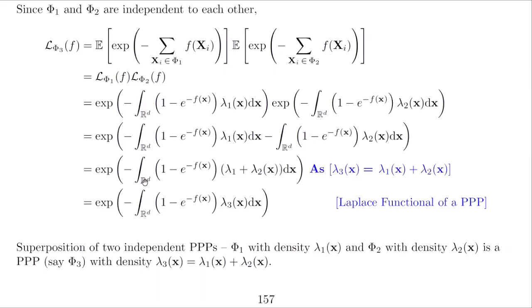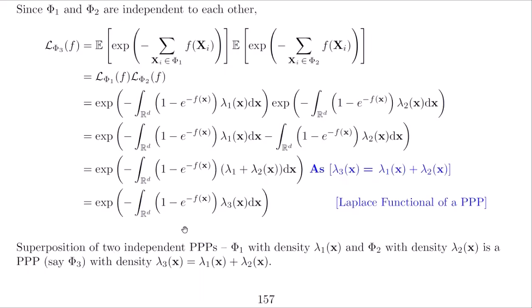If you look at this, it is nothing but the Laplace functional of a PPP with density lambda 3. So phi 3 is a PPP with density lambda 3. This is the result: if you have two independent PPPs, then the superposition of these PPPs is also a PPP.